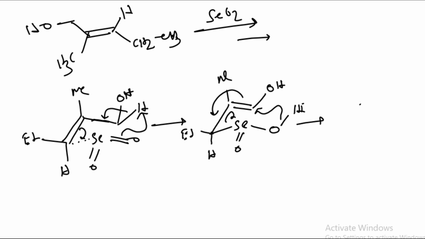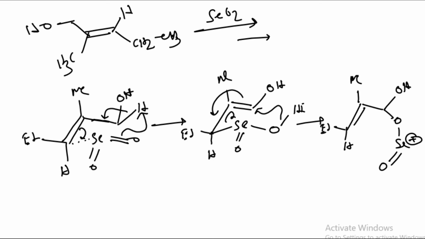So you get ethyl, hydrogen, double bond, methyl, and there is the OH which was previously there, and now the newly formed O selenium double bond O plus. Okay, so now after the acid workup or hydrolysis, whatever you say, you get this type of thing.